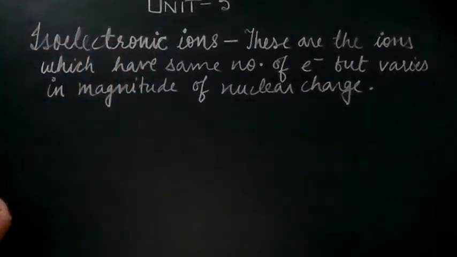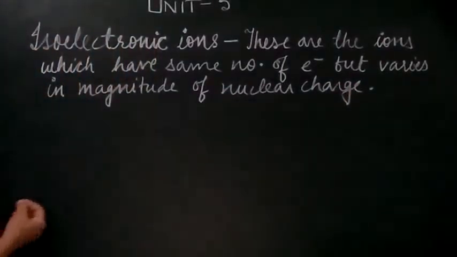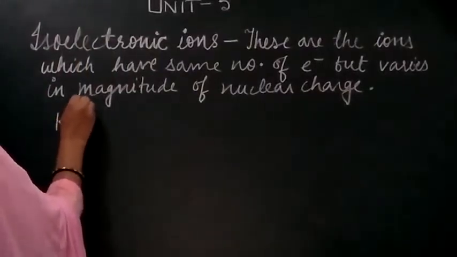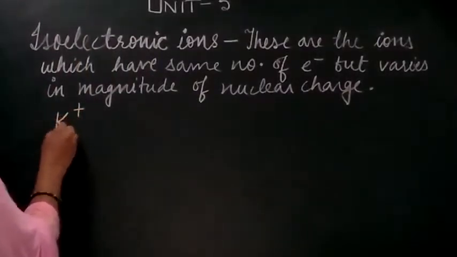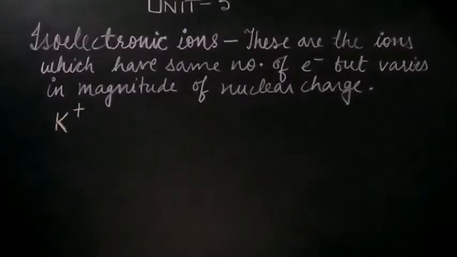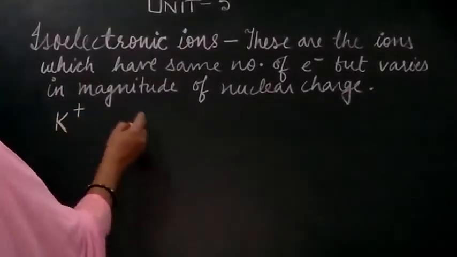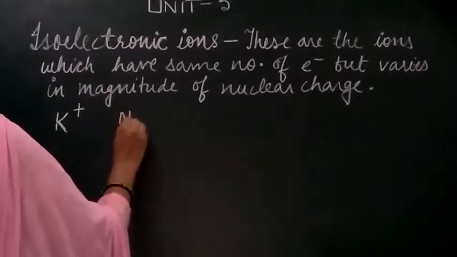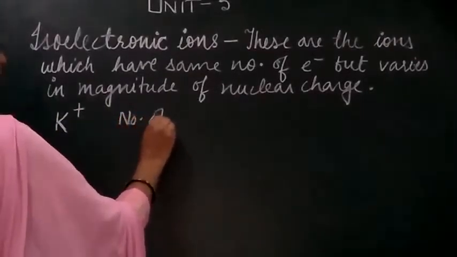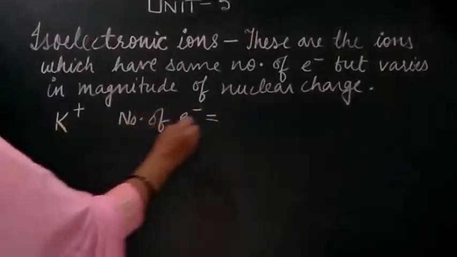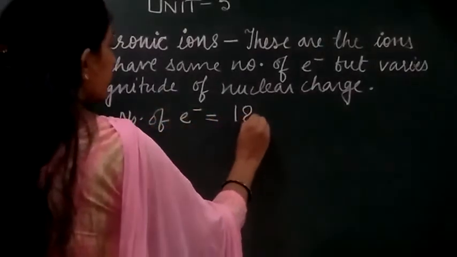So students, we can take an example of potassium, K positive. You know that the atomic number of potassium is 19. So when it loses an electron, the number of electrons will be how much here? It will be 18.